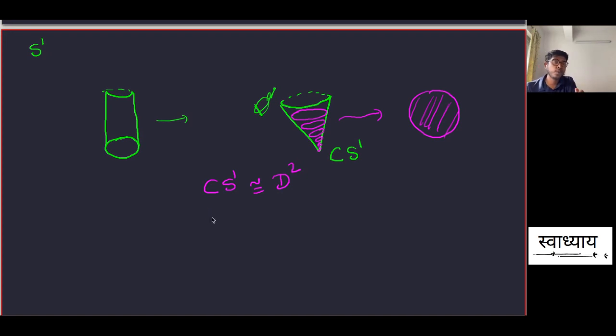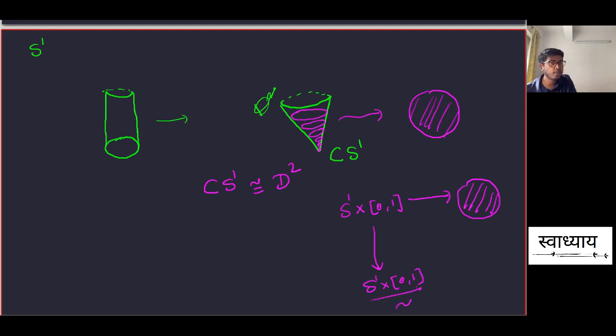And the proof is again very easy. How will I go for a proof? I'll take S1 cross [0, 1] and define a map from this to a disk so that it preserves my equivalence relation, all the time the same thing. And now you're using the compact to Hausdorff thing. How will I define the map?